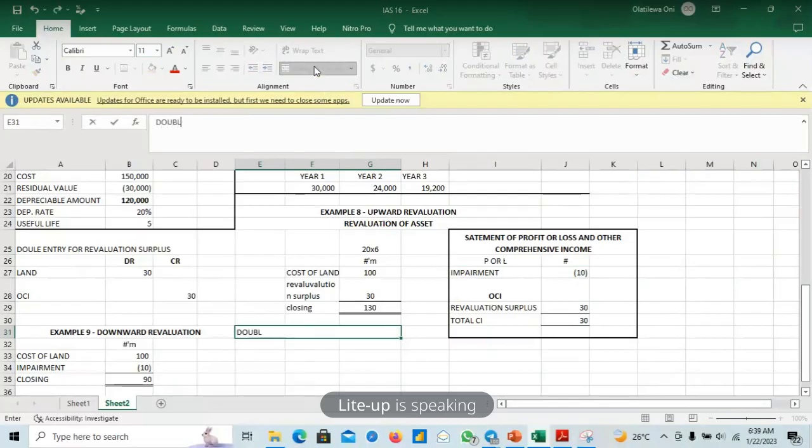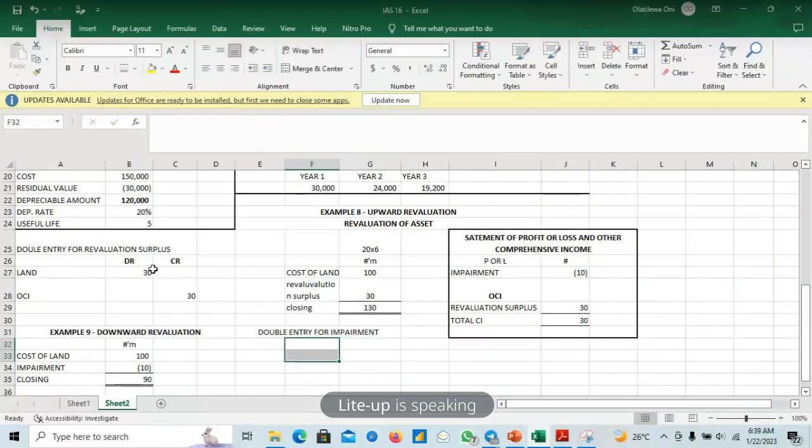Double entry for impairment. How do we do that? Let's copy the credit and debit that we have there, the usual thing. First, we debit the statement of profit or loss.